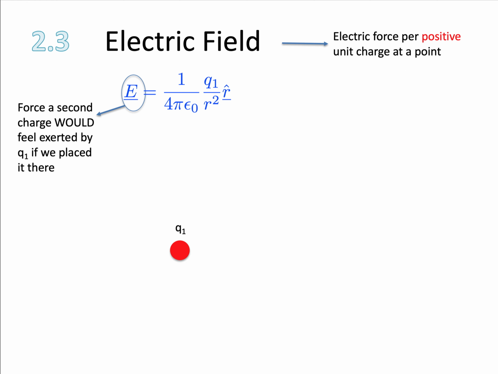So all we have to do to get back to the force is multiply the electric field by the second charge. The units of electric field can be found by just rearranging that simple equation to be newtons per coulomb, which makes sense, as we've said the electric field is the force per charge.